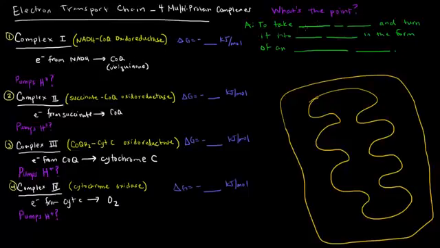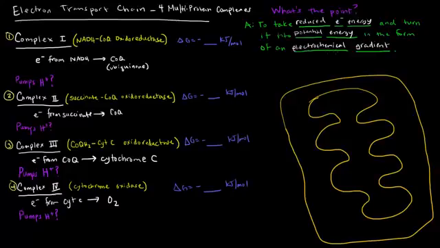Now, what's the point of all these different protein complexes of the electron transport chain? Essentially what we want to do, this is very critically important, I think, is take reduced electron energy and turn it into potential energy in the form of an electrochemical gradient.